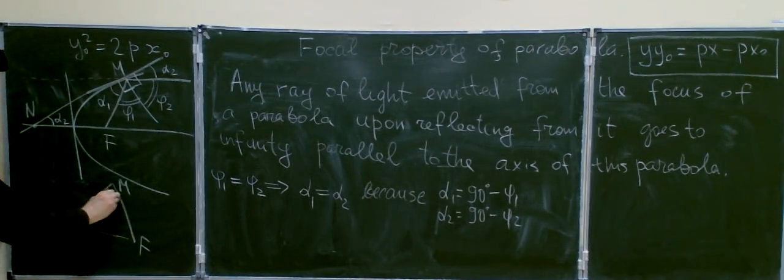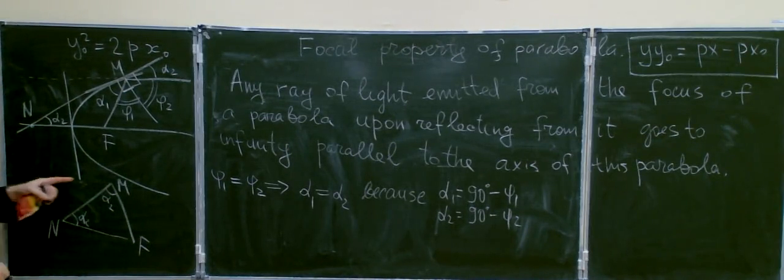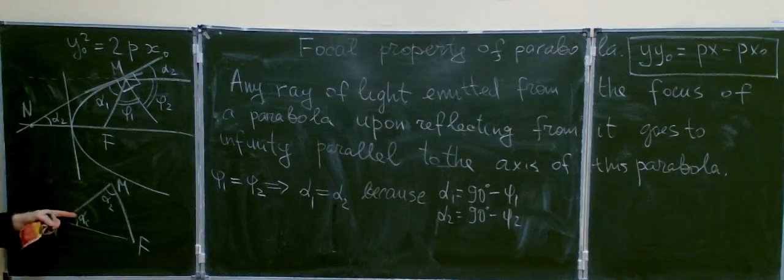This one and this one. Alpha 2, and this is also alpha 2. But if in the triangle two angles are equal to each other, then the opposite sides of this triangle are also equal to each other.